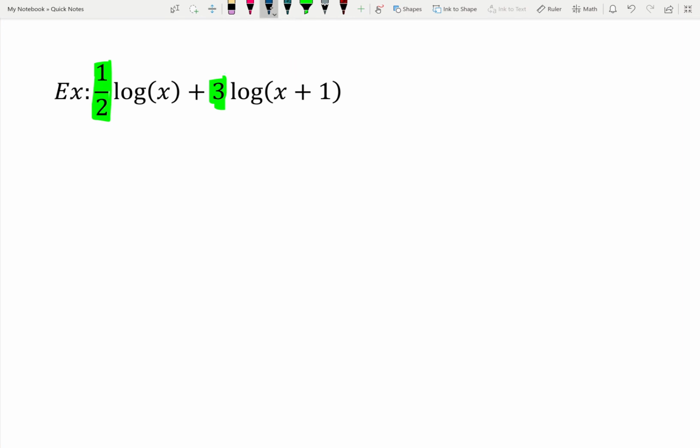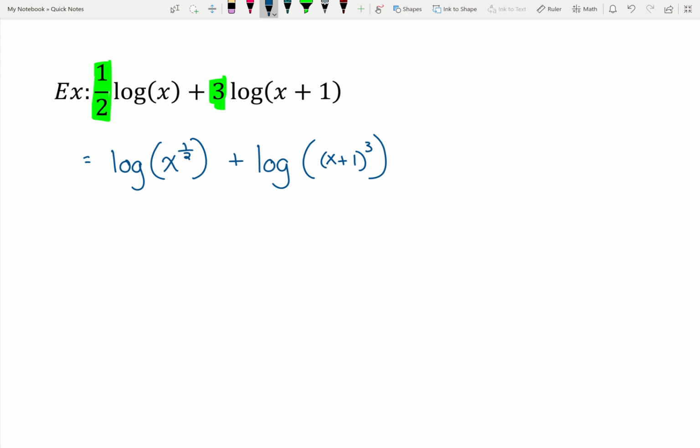So we're using the reverse of the power rule. So it's going to look like this: log of x to the 1/2 plus log of x plus 1 to the 3rd. So I'm using the power rule, but in reverse.